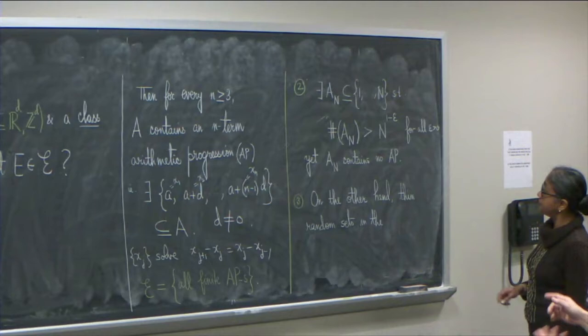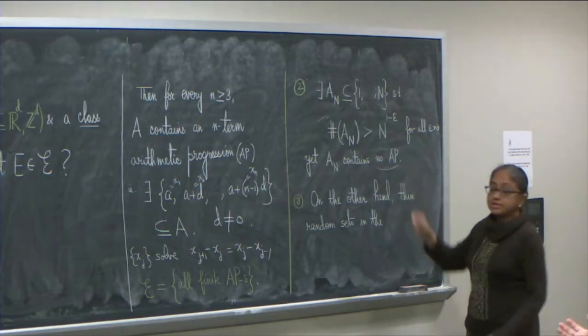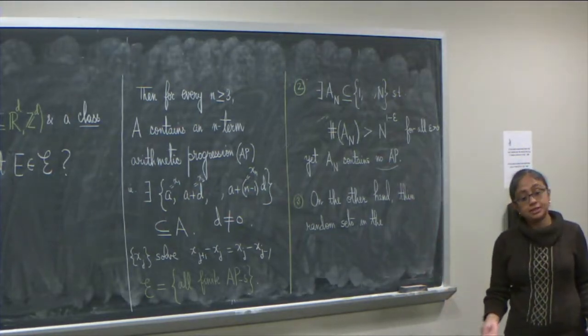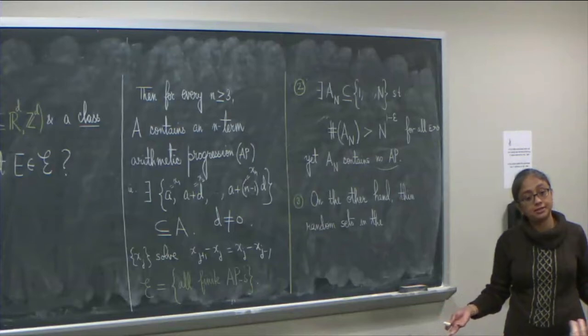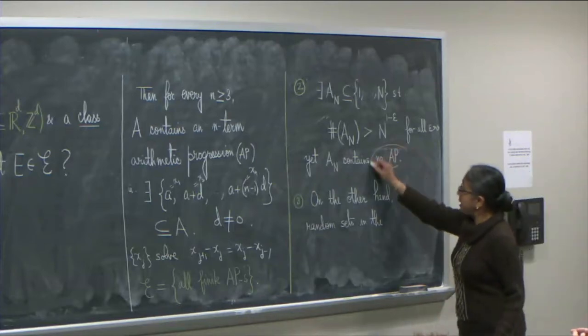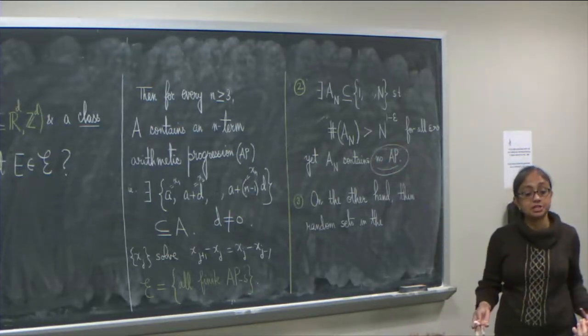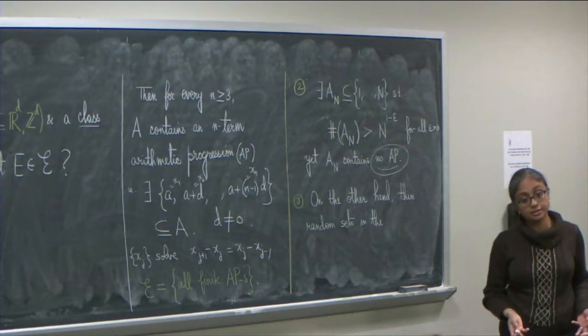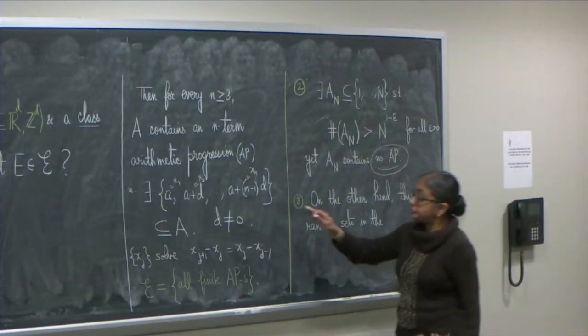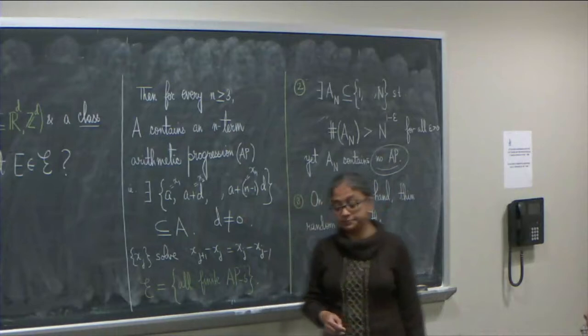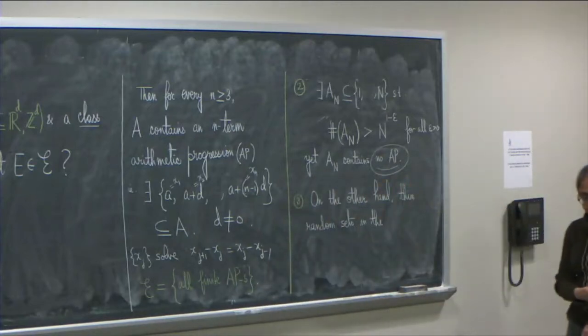When you say A_n contains no AP. Well, if it doesn't contain a 3-term AP, then it contains no AP. Yes, so when I say no AP, this means arithmetic progression of any length. That's right.